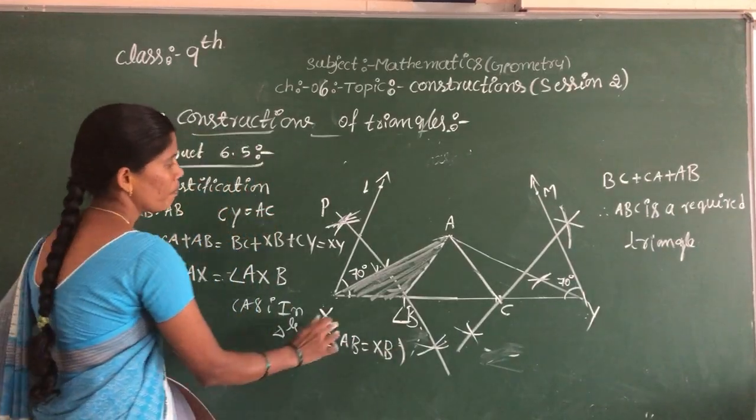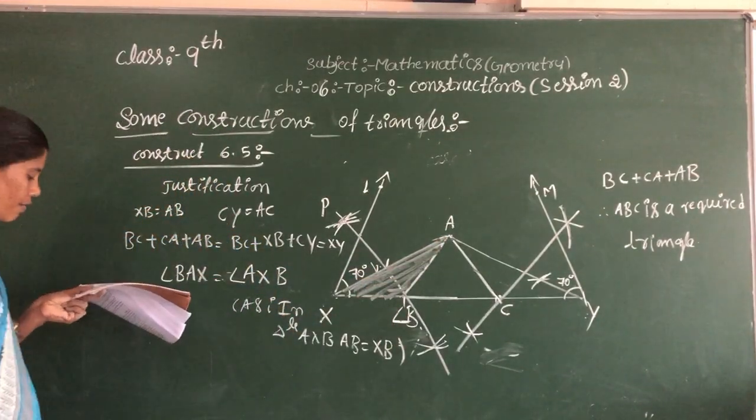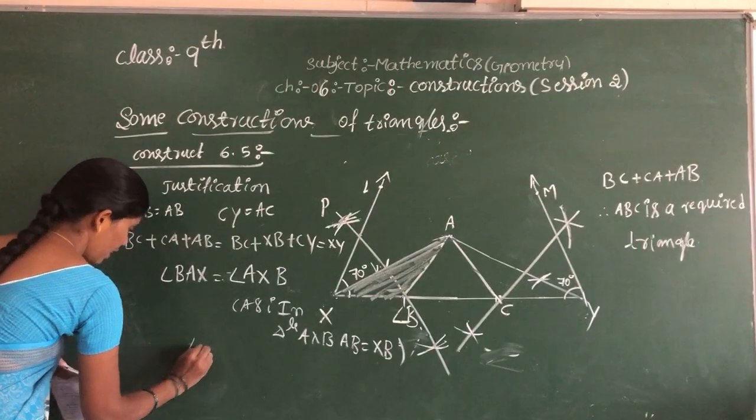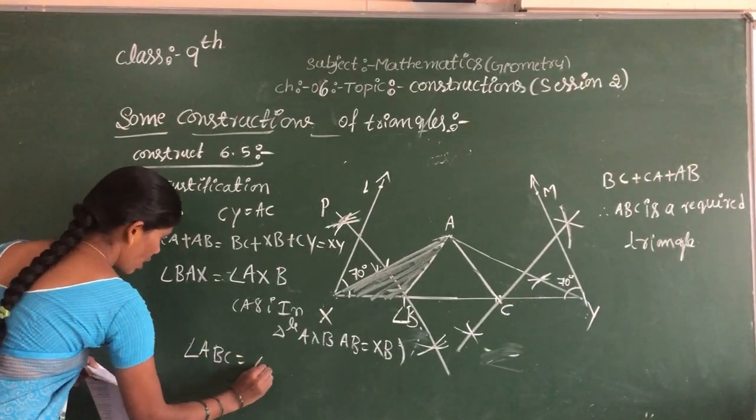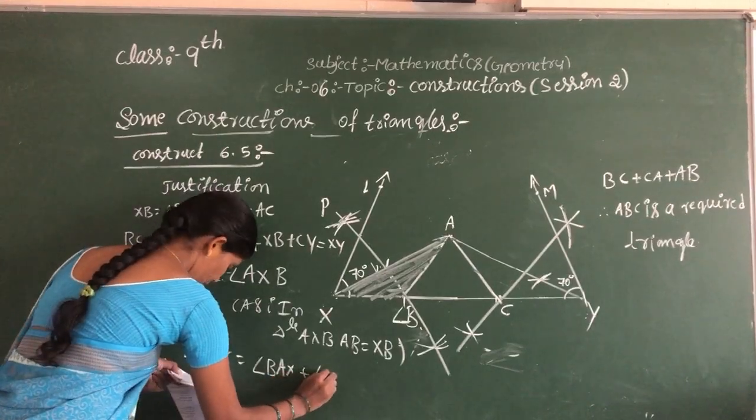AB is equal to XB, equal distance. So therefore angle ABC is equal to angle BAX plus angle AXB.